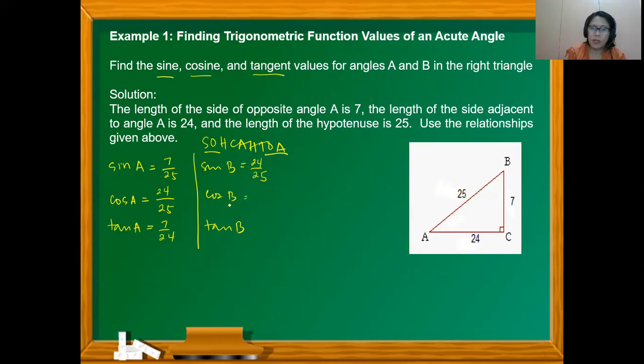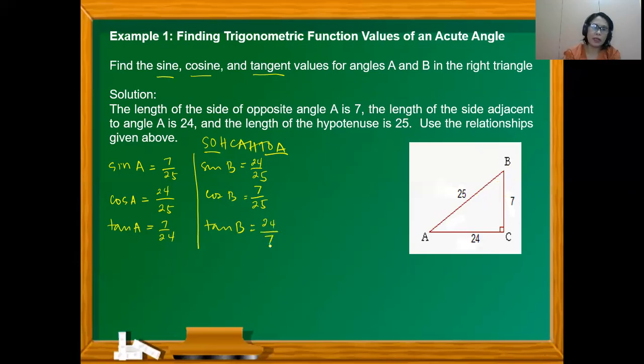And then cosine B: this is the adjacent side of B, which is 7, all over the hypotenuse 25. So we have 7 over 25. And then tangent B is the opposite side of B, 24, over its adjacent side 7. So this is 24 over 7.